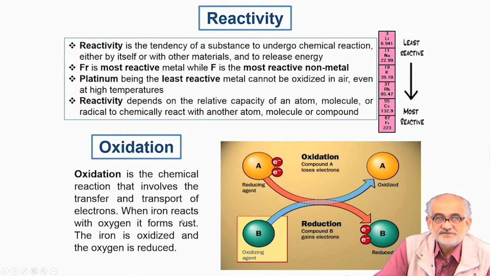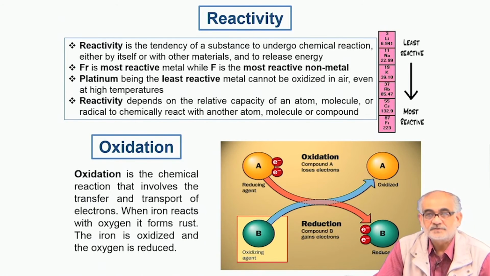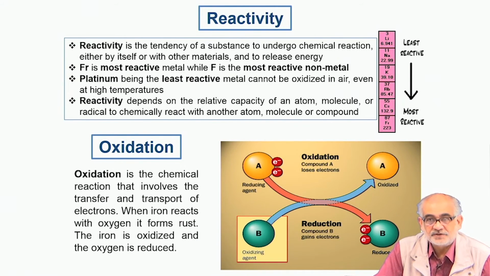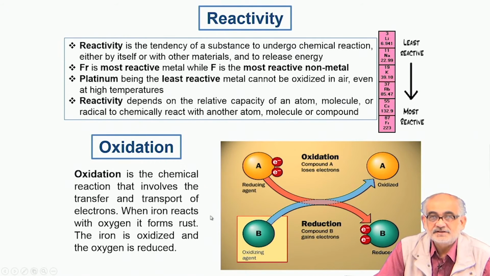Take the example of pure iron. If you leave it in the open, we all have common experience that it develops certain compounds on the surface, which we call rust, brownish in color, and this rust grows with time, even if you don't do anything to the material.